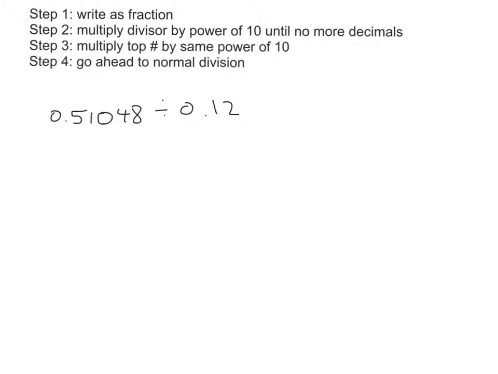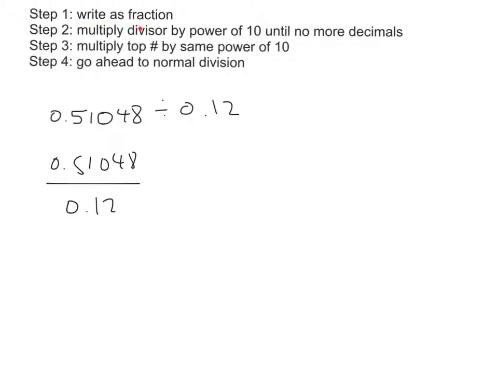Okay, so let's do one more, and feel free to go ahead and try and solve this before I do. So step 1 is write as fraction, so we'll do that. So 0.5148 over 0.12.